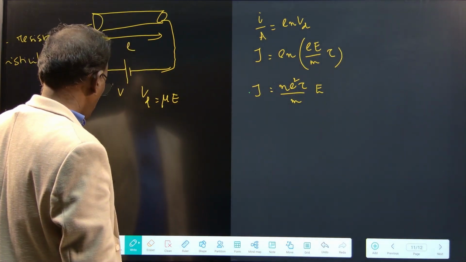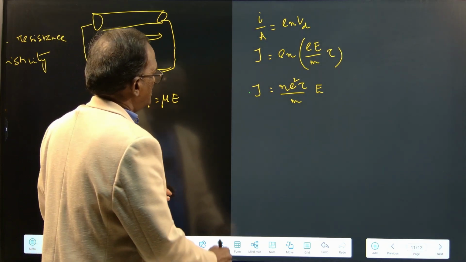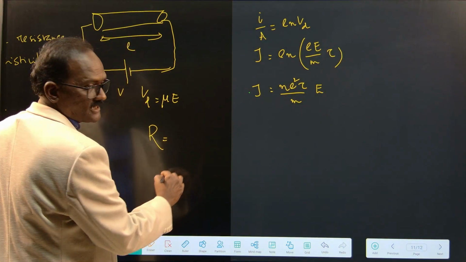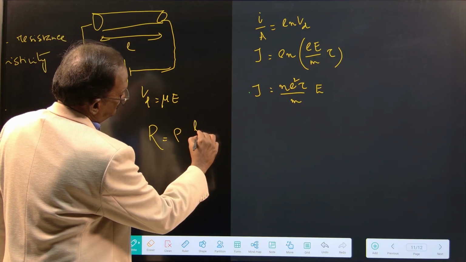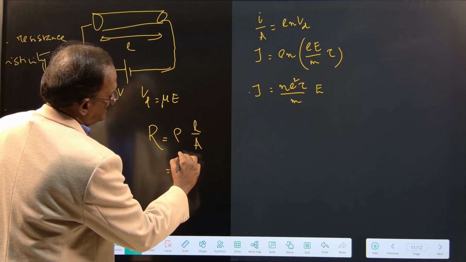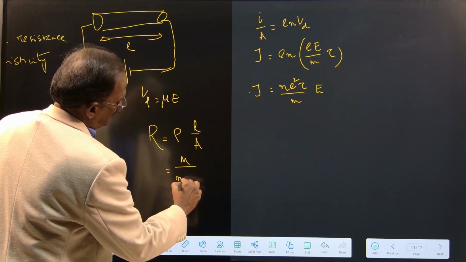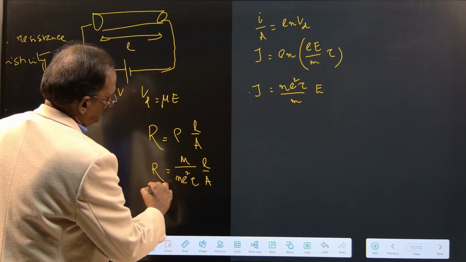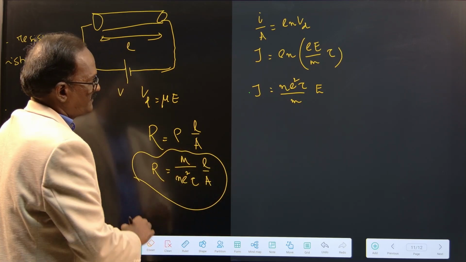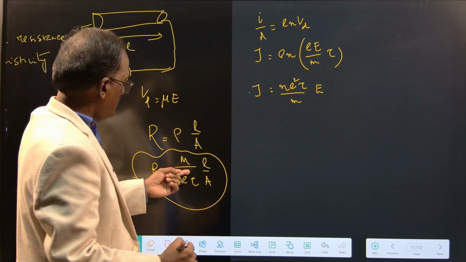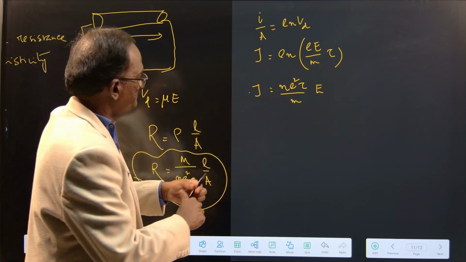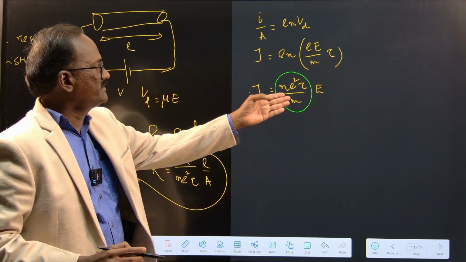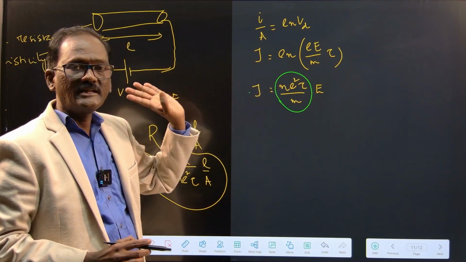So here, specific resistance, we have seen it as rho L by A. The rho is m upon n e square tau, into L by A. Here n e square tau by m comes along with E to define current.